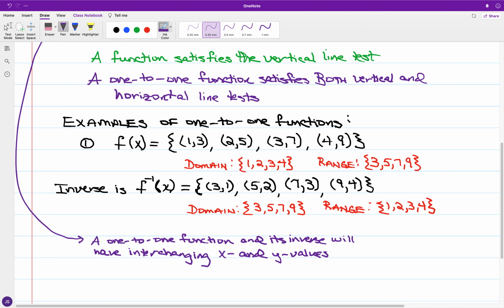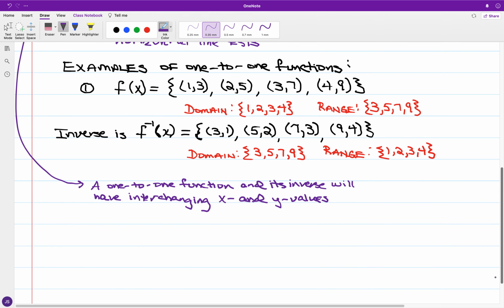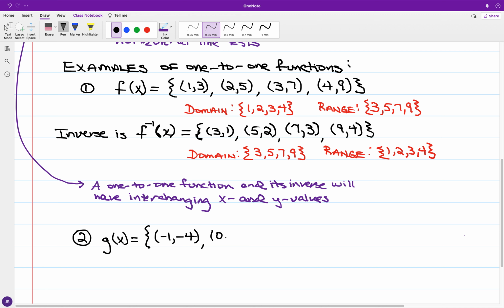All right, and another case of one-to-one function. Okay, and we'll say we have for g of x, among the ordered pairs, we have -1, -4, zero, 6, and we'll say we also have 2, 13.